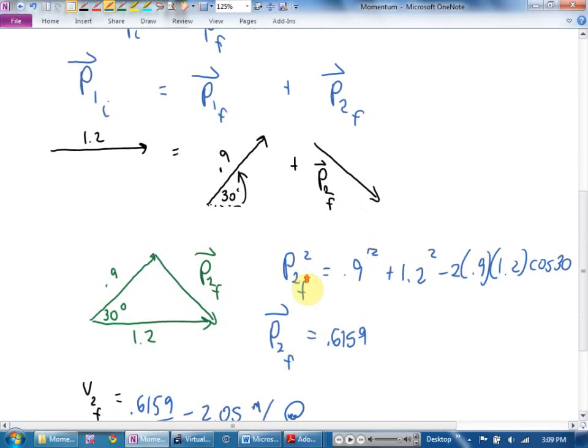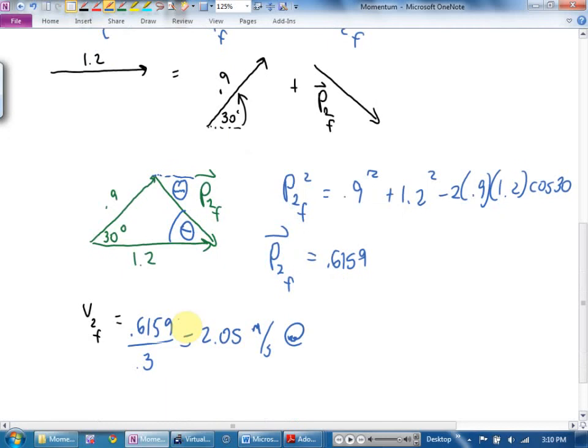theta. Now, looking at the diagram, it's going to be that angle there. See the Z? That angle. And to find theta, I can use the sine law. It's going to be the sine of the mystery angle divided by what's across from it, which is 0.9.